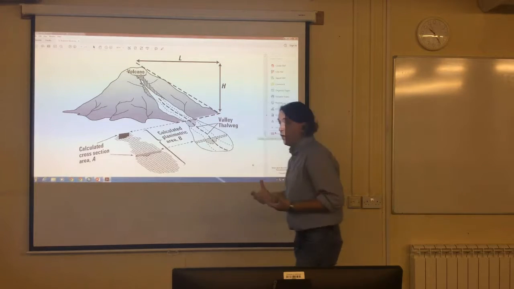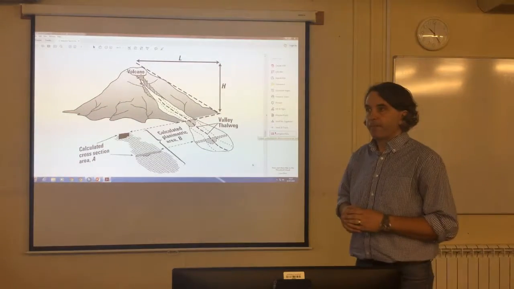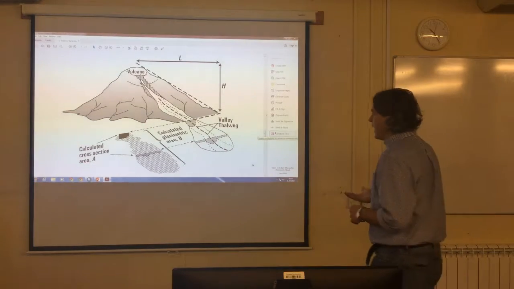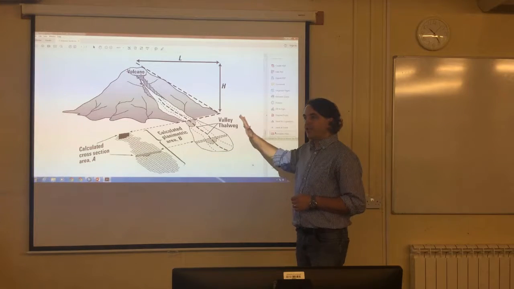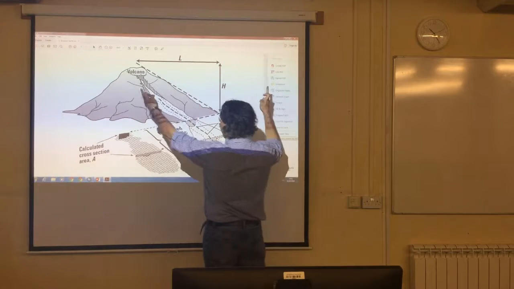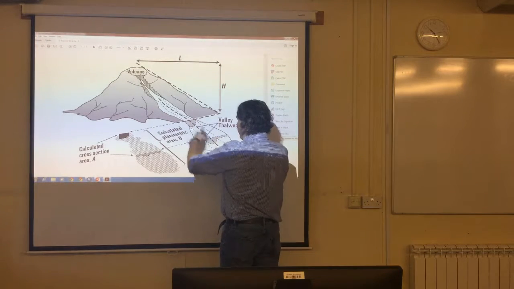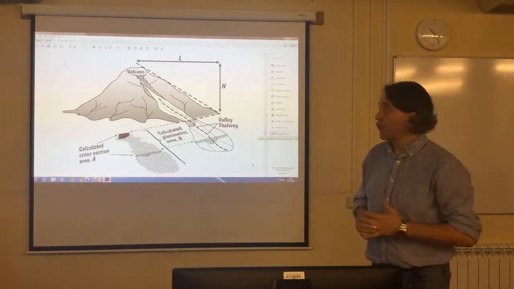These are used quite a lot for hazard assessment when it comes to debris flows. I've given you imagery, and I've given you elevation data, so you can work out height difference and length. I've given you volume data, so you can start to generate some of these parameters for yourselves.